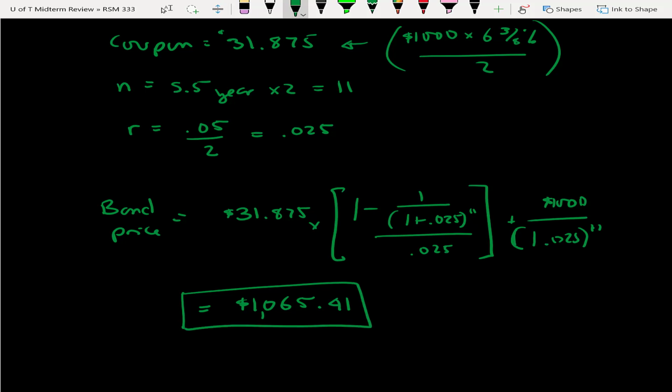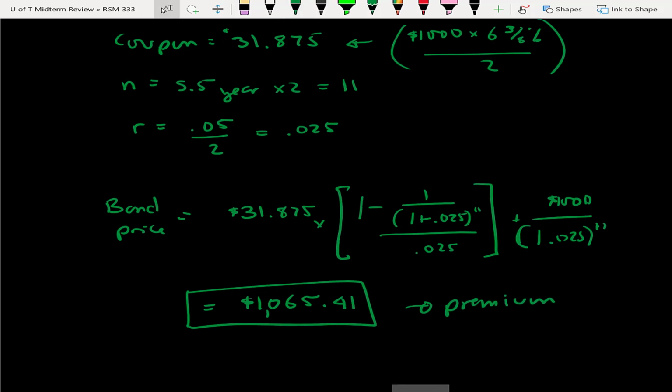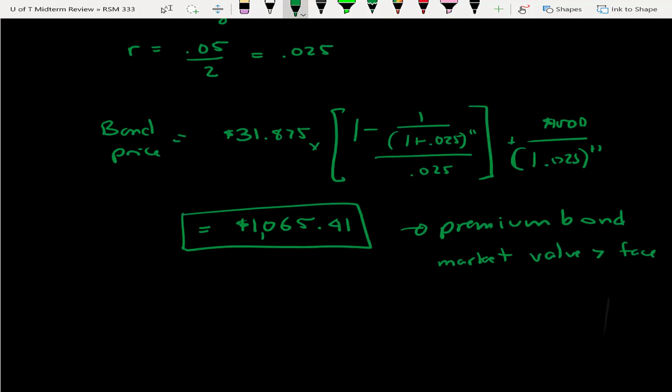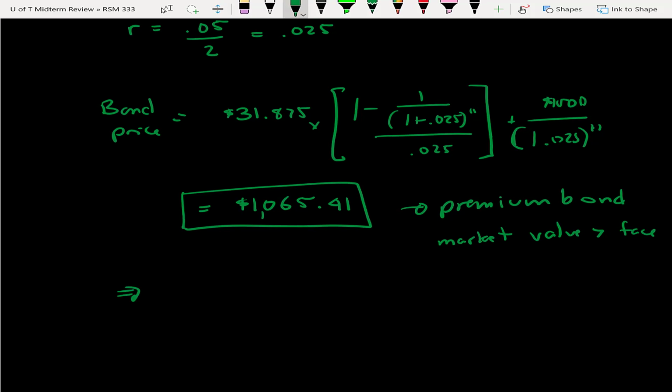So this is called a premium bond. And the reason for that is because the market value is greater than the face value. In this case it makes sense because the current rate is 5% and it's paying 6 3/8, so it's an attractive bond.